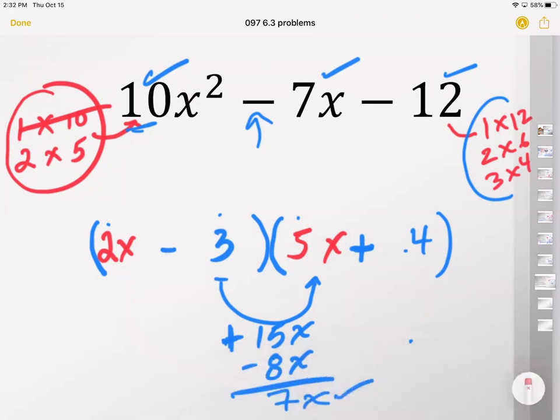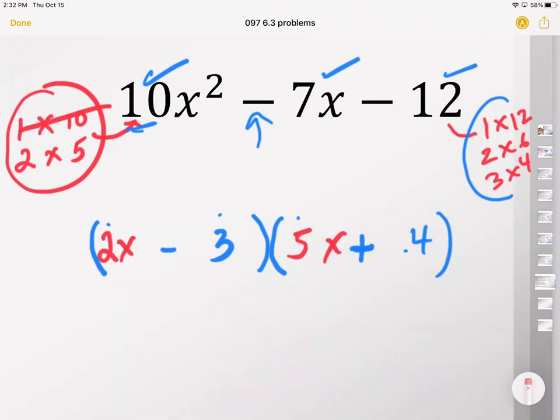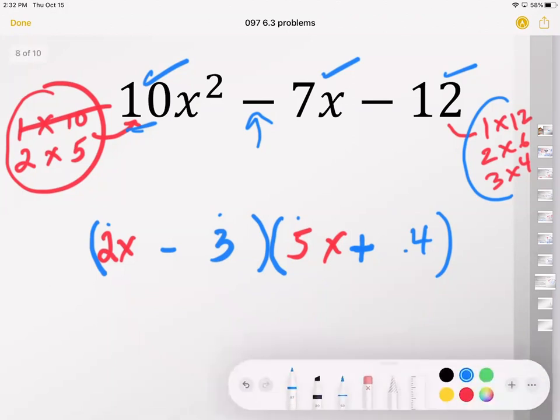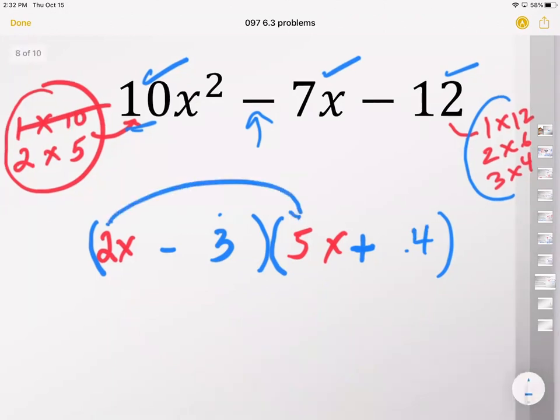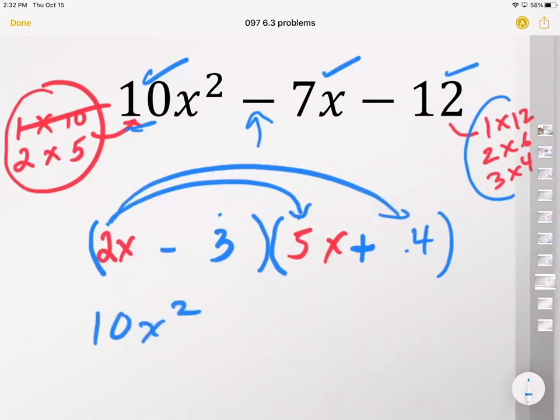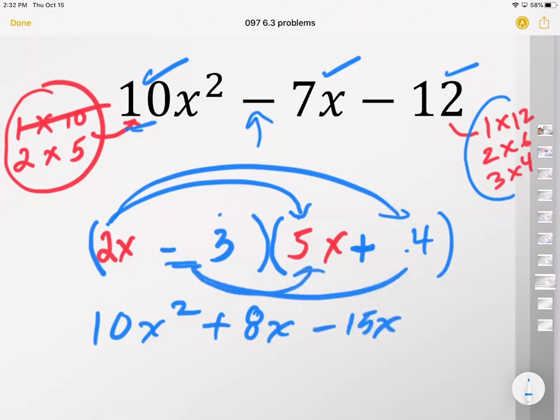And again, if you're in doubt, like I keep on mentioning to you guys, let's FOIL this out, right? How do you FOIL this out? This times this gives me 10x squared. This times this gives me positive 8x, and this -3 times this gives me a negative 15x, and -3 times this gives me a negative 12.